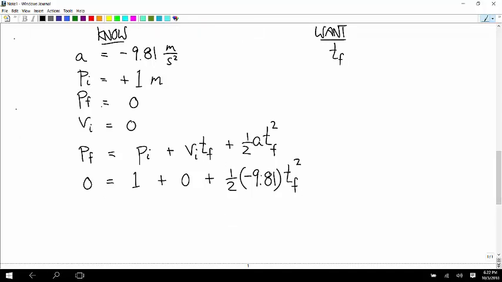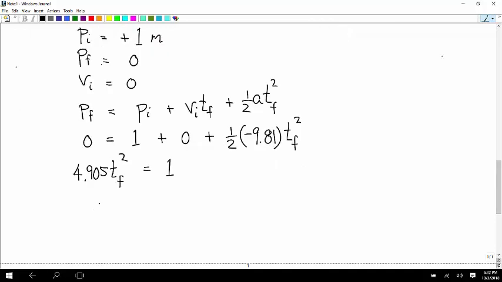And if you move that second term over to the left side, you get 4.905 TF squared is equal to 1. So TF squared is equal to 1 over 4.905.